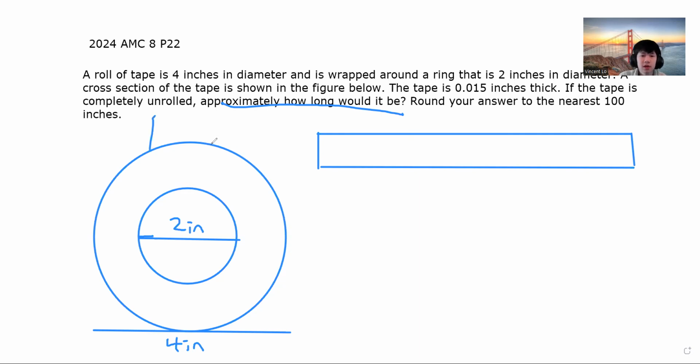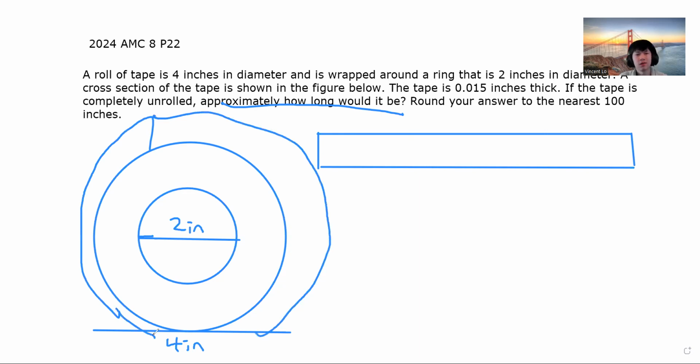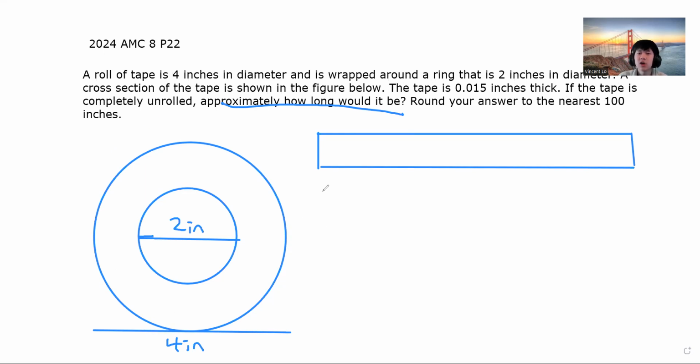The tape really is supposed to look something like this in its 3D form. The tape has some depth, but since the question gives us the cross section, we can simply take the cross section of the rectangular form of the tape after it's all unrolled. And this actually simplifies the problem a lot, because now we know the width of 0.015.